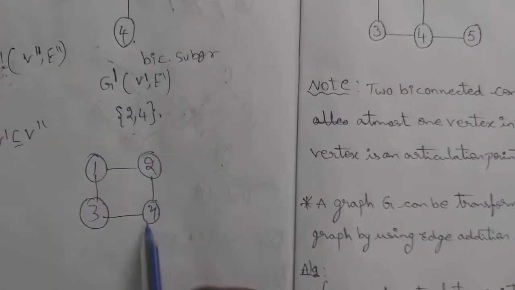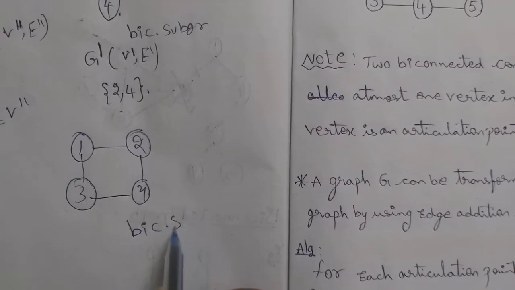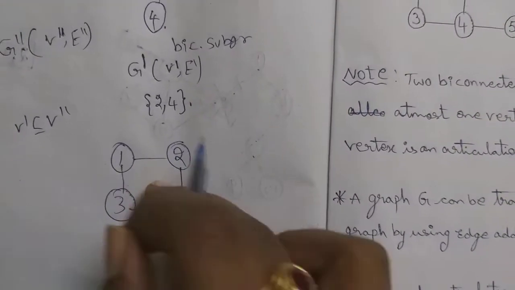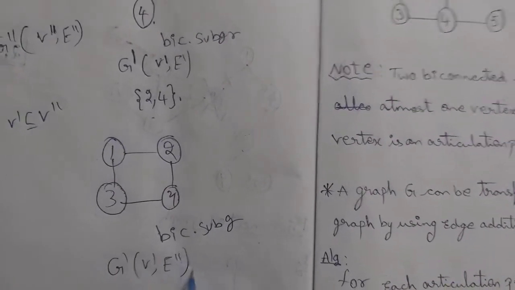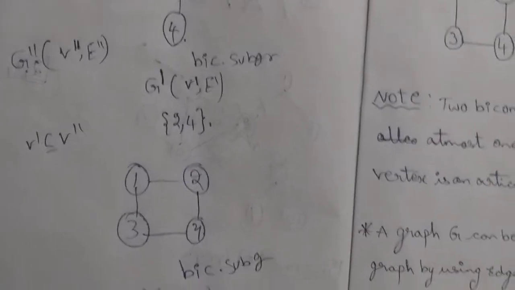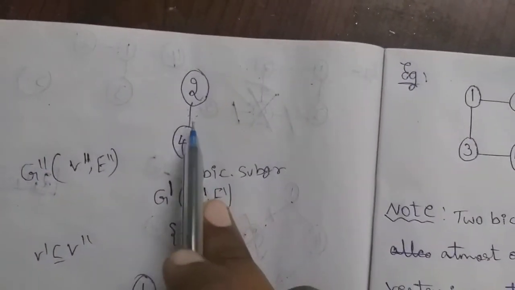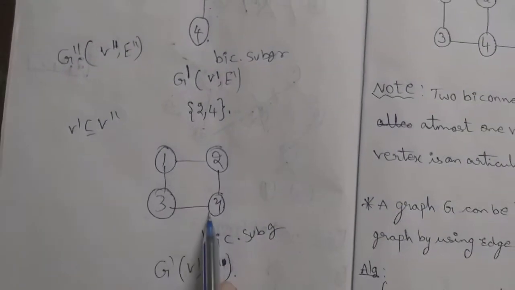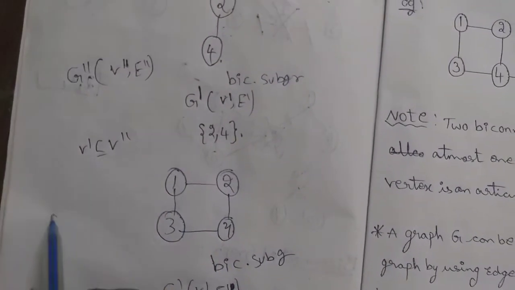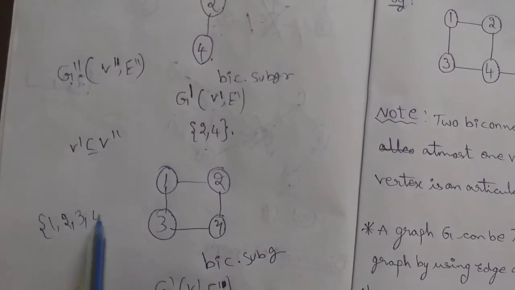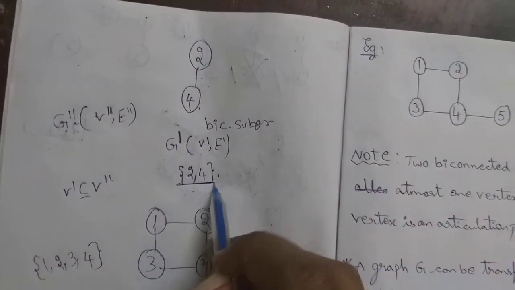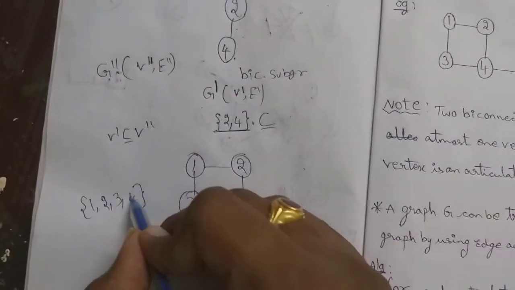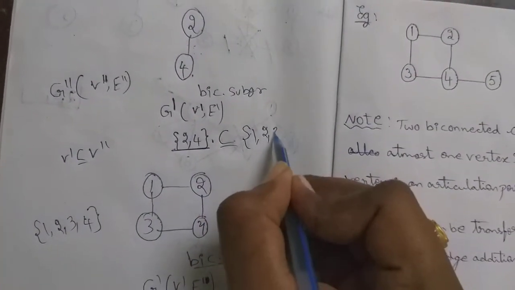It is a biconnected subgraph. Why is the earlier one not a maximal biconnected subgraph? Since I have another vertex set 1, 2, 3, 4, which is a biconnected subgraph. The vertex set 2, 4 is a subset of this vertex set 1, 2, 3, 4. Therefore, this graph G' is not maximal.